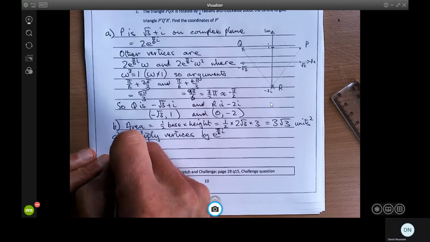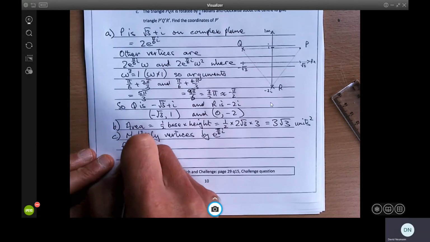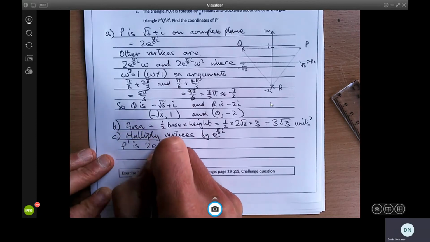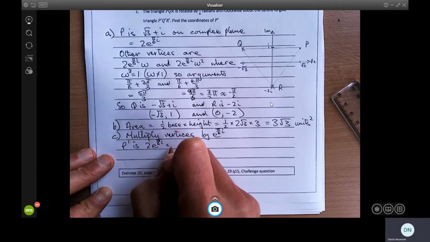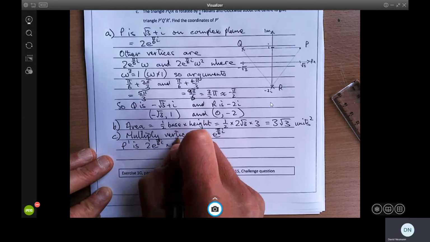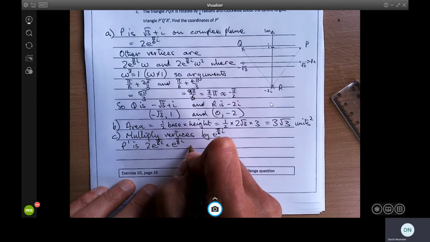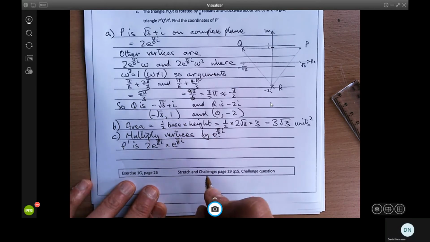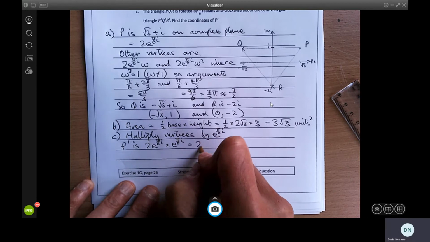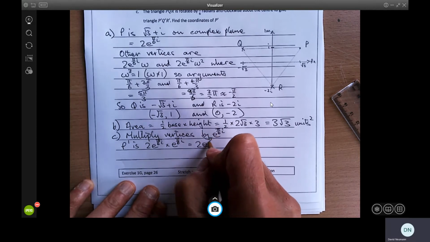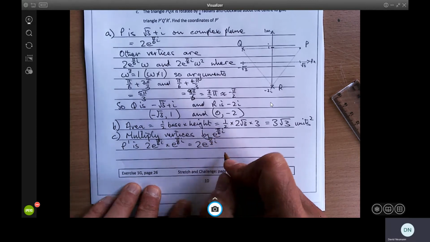So P dashed is 2e to the pi over 6i times e to the pi over 6i, which is 2e to the pi over 3i.